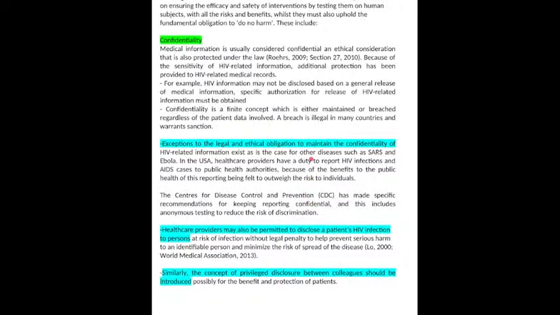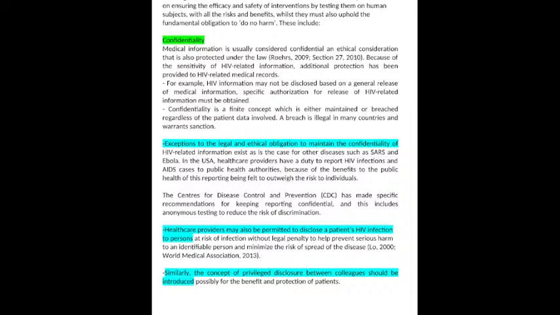Another time when confidentiality may not apply: a healthcare provider may be permitted to disclose the HIV status of a person if the person risks infecting other people.